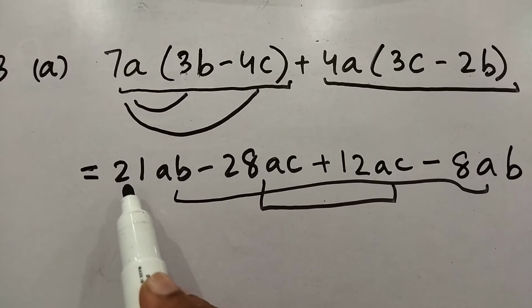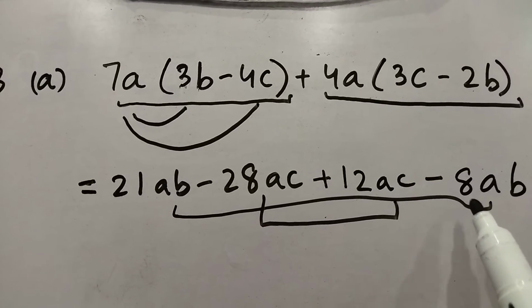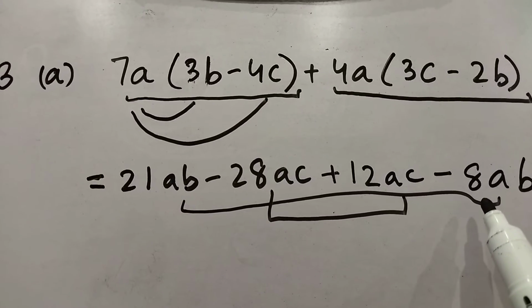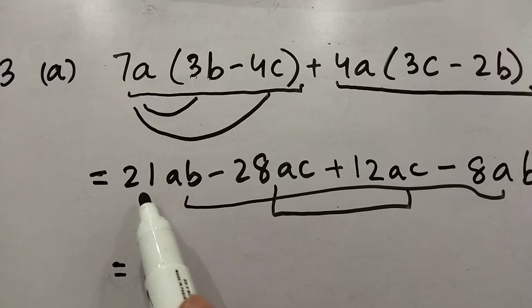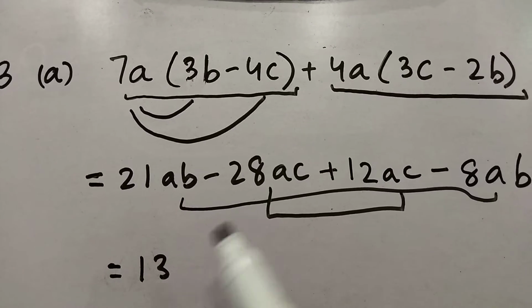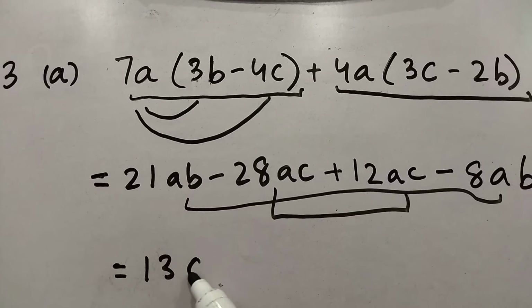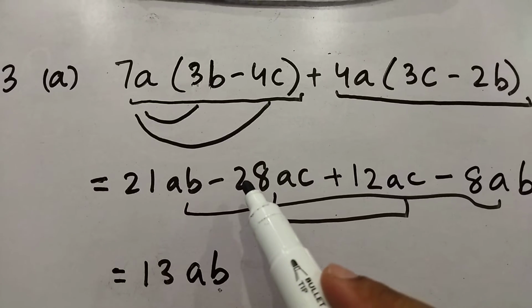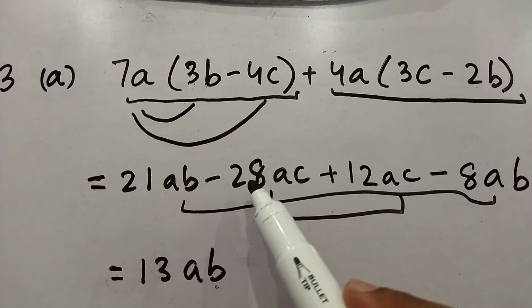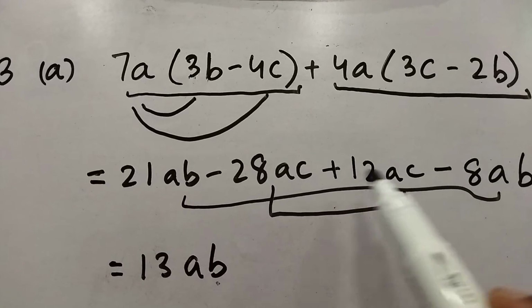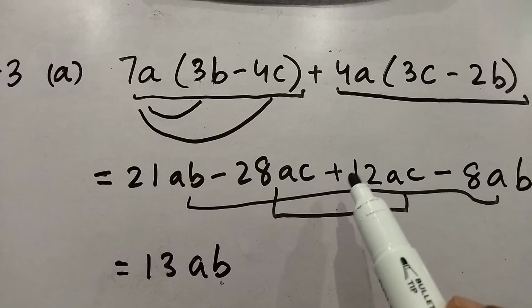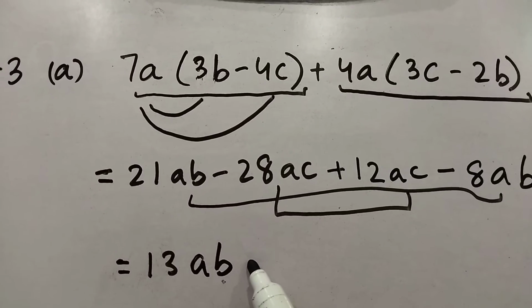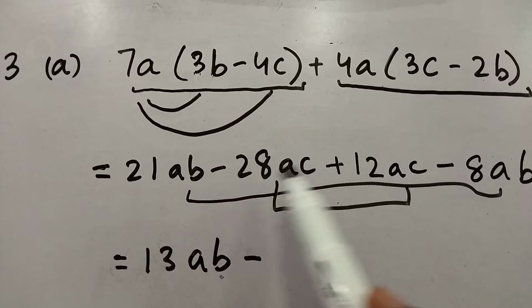This is 21 and this is minus 8. So 21 minus 8 gives us 13, right? 21 minus 8, 13, and AB will remain the same as AB. Then the other two terms, minus 28 plus 12. 28 minus 12 because minus plus minus, and we'll put the sign of the greater number, that is 28, because 28 is greater than 12.